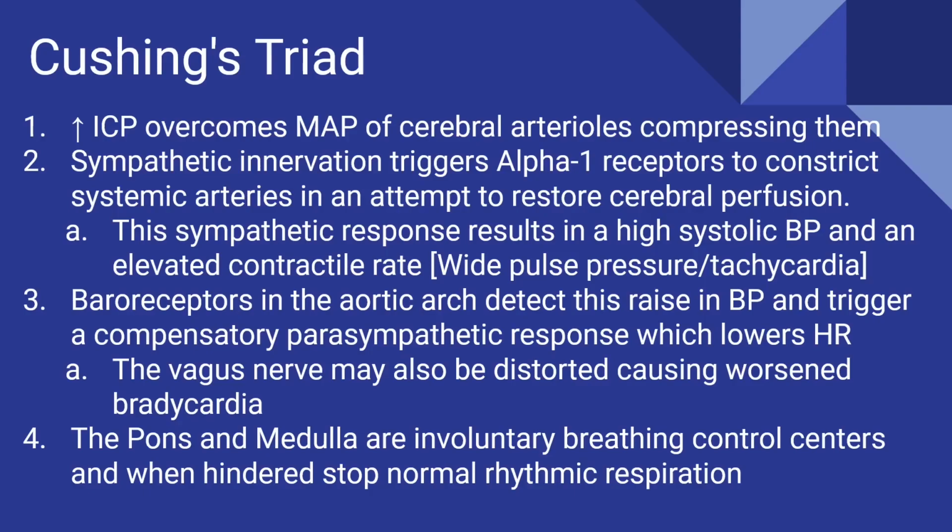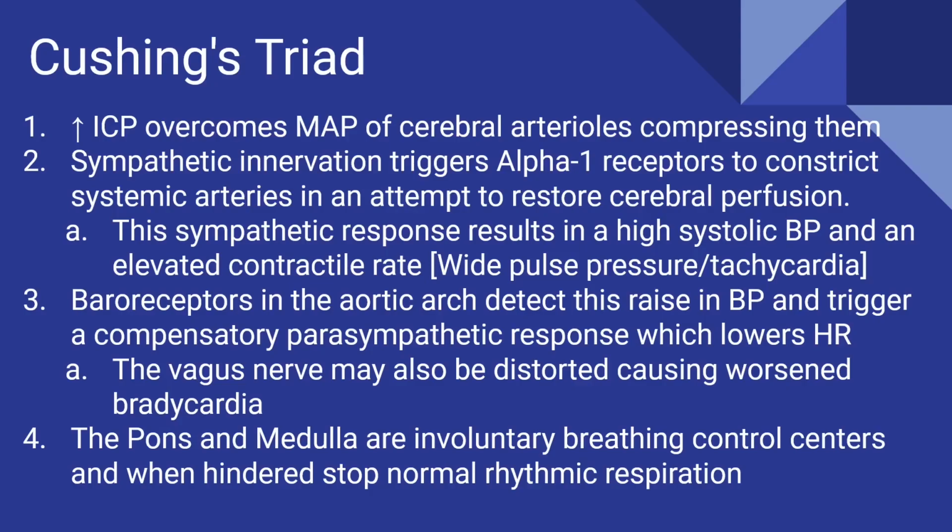As it starts to do this, the sympathetic innervation is going to recognize that, and it's going to cause systemic arteries to be constricted to try to restore that cerebral perfusion. We've lost that perfusion because it's been compressed by this bleed or this mass.